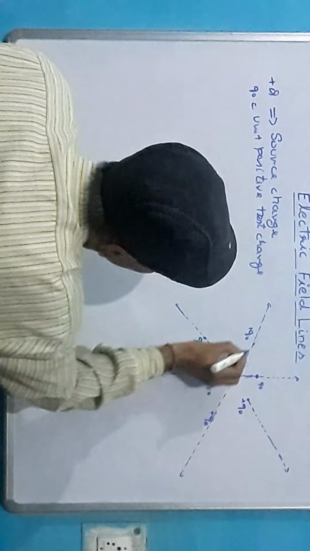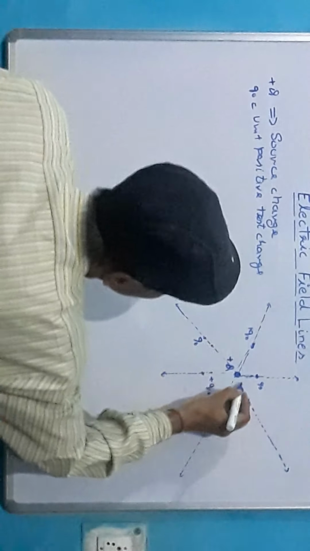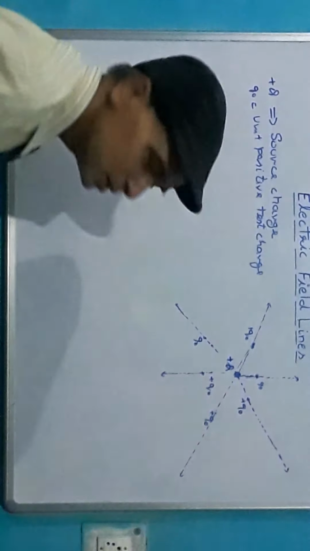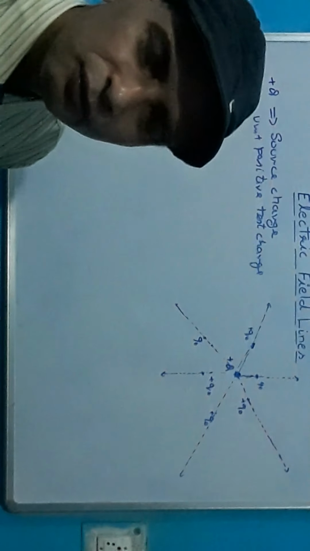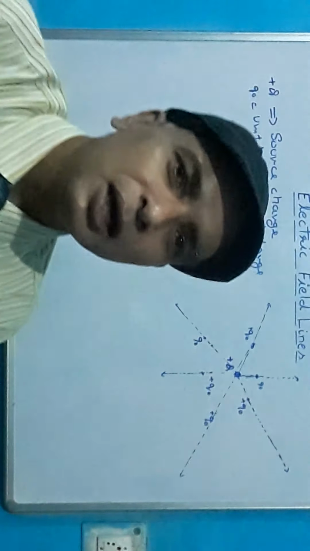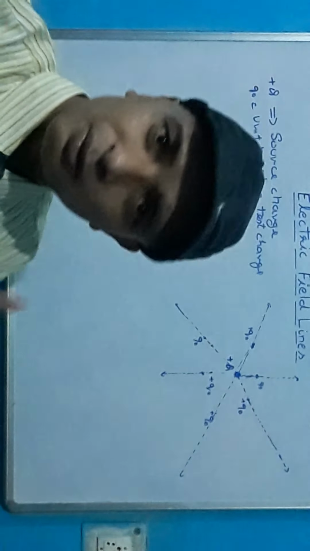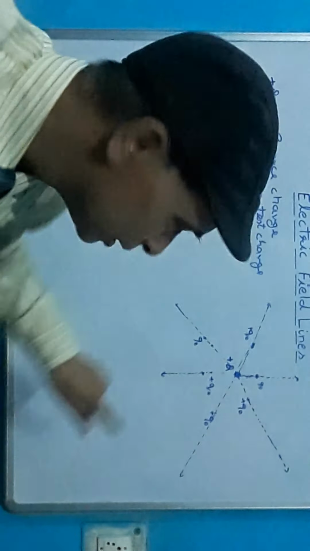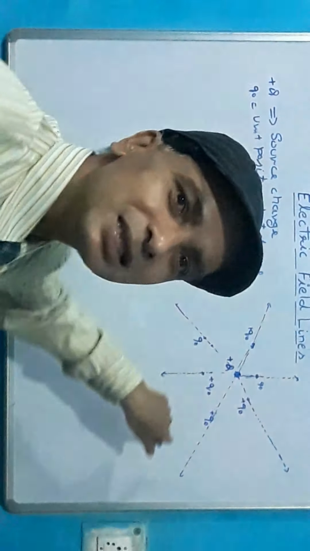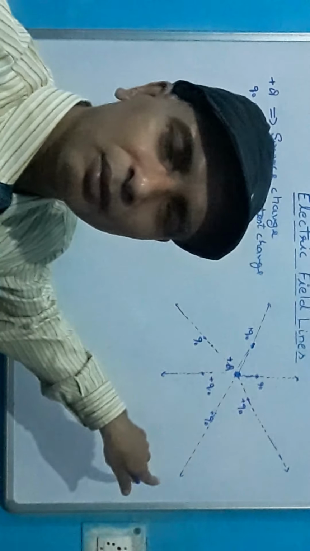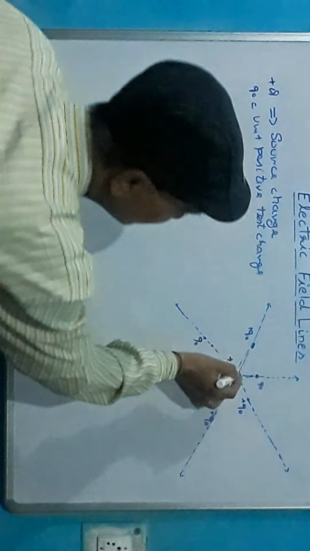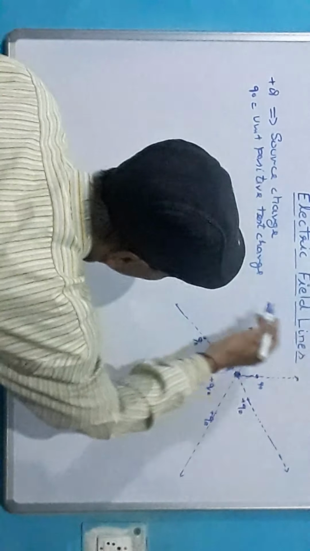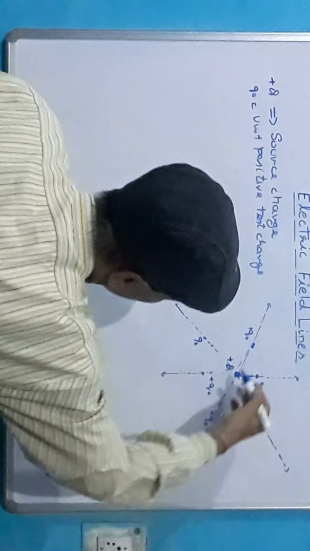So what I have observed is that if I place the unit test charge around the source charge, and it is free to move, it moves in a straight line. These are radial lines; if you consider this the center of a circle, all of them are radii.